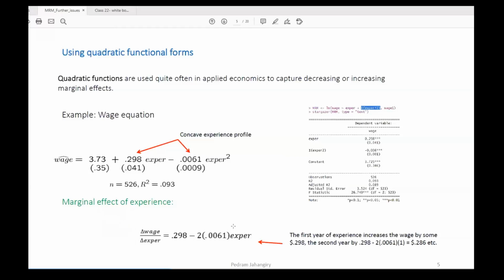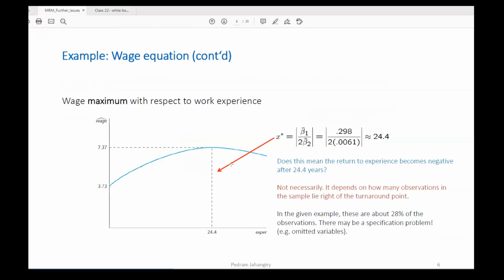Does this make sense? I hope that you realize it's a big deal because, again, sometimes you are motivated or incentivized to just put a quadratic version, but don't do it blindly because you have to look at this plot that I just drew. It's called effect plot. We're going to look at it in the next slide and see how many observations you have from that minimum or maximum point.